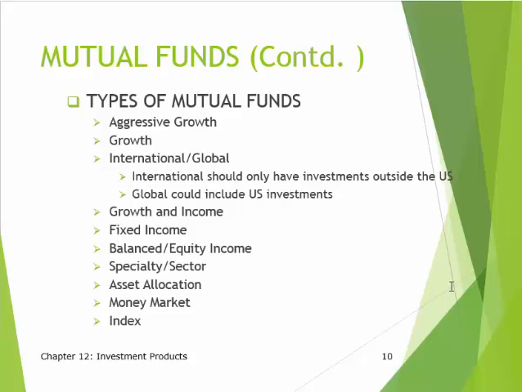So if you're looking for maximum diversification, you wouldn't want to use a global fund because that adds more U.S. stocks to an already U.S. or domestic portfolio. International will give you more diversification since it will not incorporate stocks within the United States. And of course, as you read through the book, you'll see what all these different kinds of sectors are. The index funds, we'll talk about those specifically a little bit later.